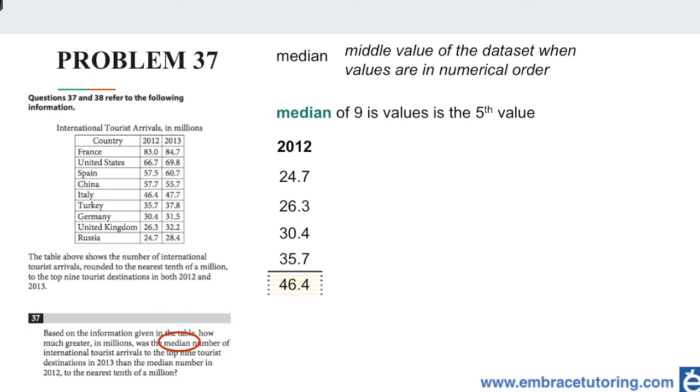So 46.4 is going to be my median of 2012, given my nine values. I'm picking the 5th highest value. For 2013, I'm going to have 28.4, 31.5, 32.2, 37.8, and 47.7. So 47.7 is going to be my median of 2013.